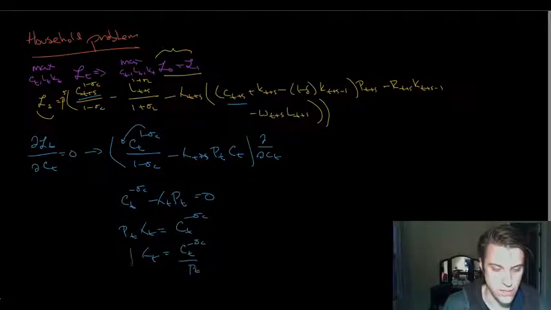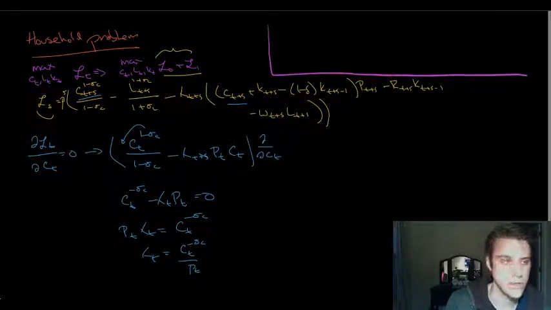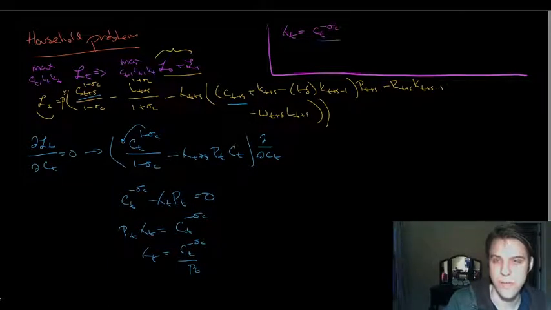Okay, and this is our first, it's not really a box yet because we need to put it together with the supply function. This could be your first box. Let's write that over here maybe. I'll make a little solutions area. And our first solution is going to be that lambda_t is equal to C_t to the minus sigma c divided by P_t.